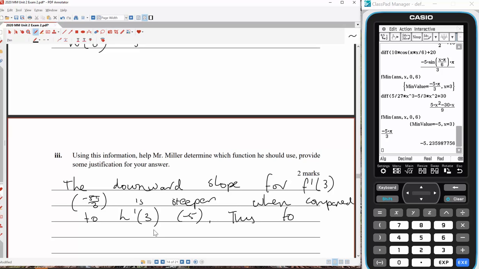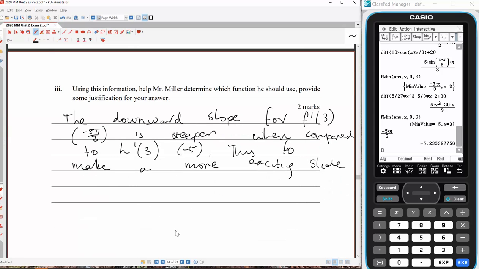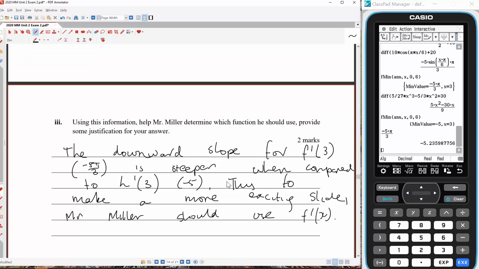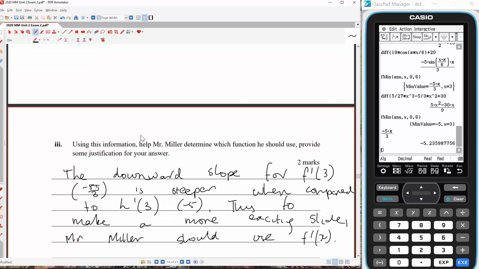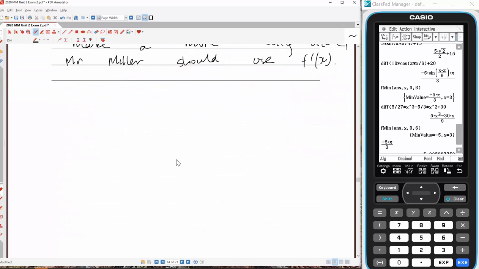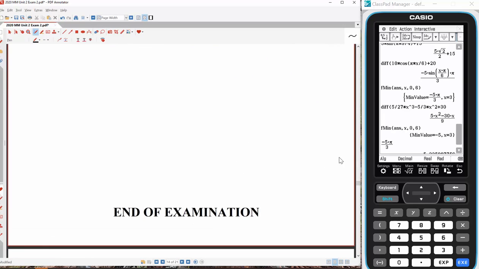Thus, to make a more exciting slide, Mr. Miller should use f dash x. Okay, so the original is going to be the better one because it has the more negative slope. All right, and I think, yep, that's the exam.